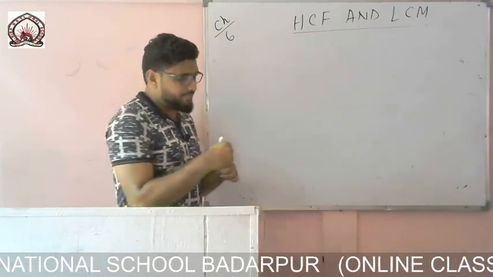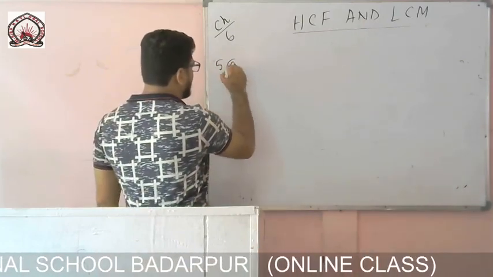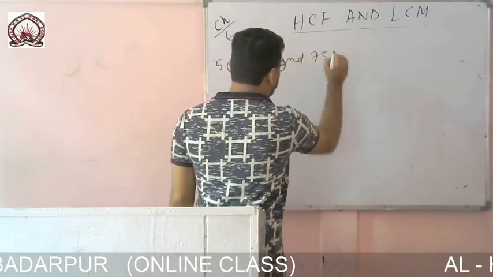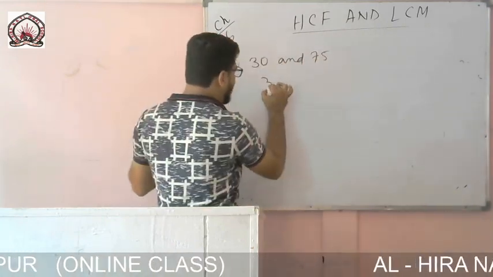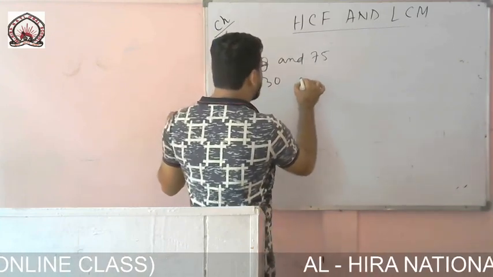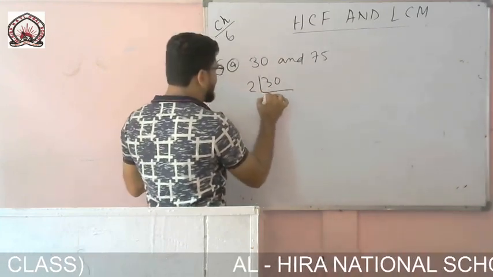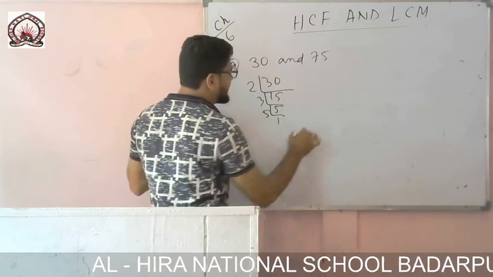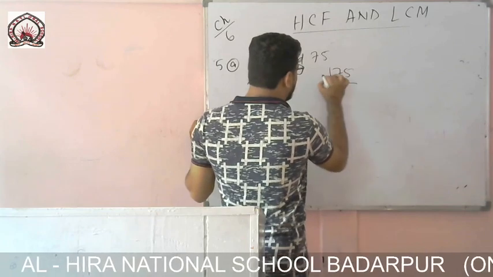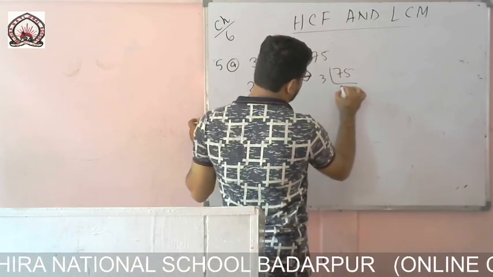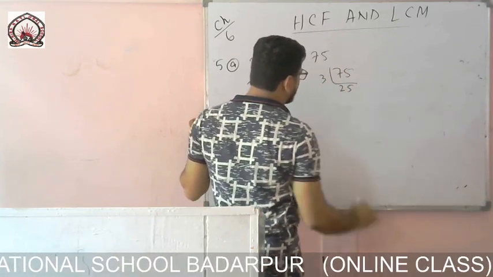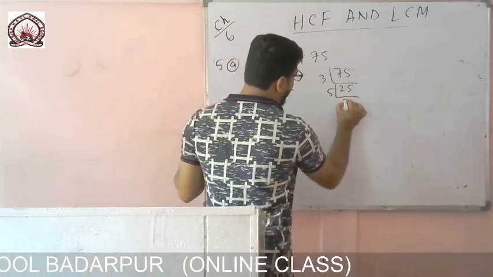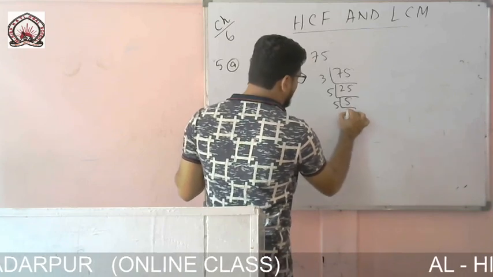So find the HCF of 30 and 75. 2 15s are 30, 3 5s are 15, 5 1s are 5. 75: 3 25s are 75, 5 5s are 25, 5 1s are 5.